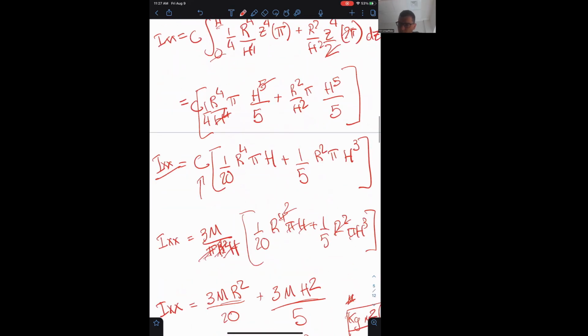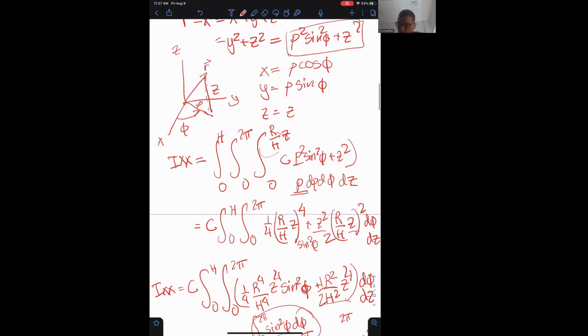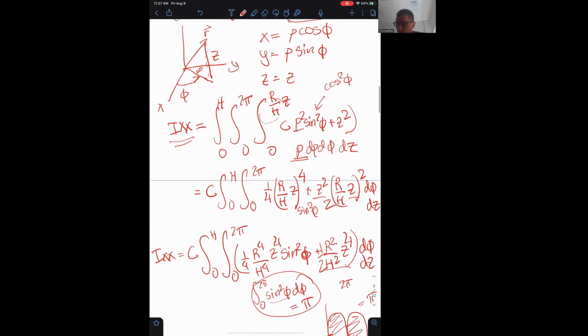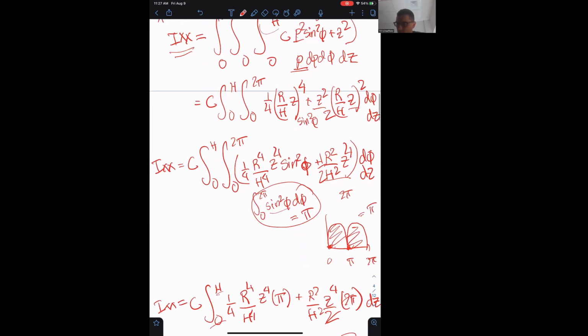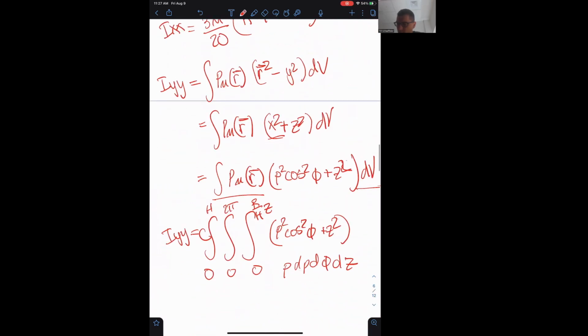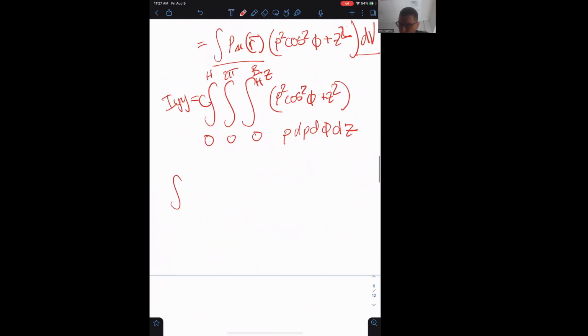Now, this is almost exactly the same as Ixx, except for the sine squared. Now we have a cosine squared here. However, the integral from 0 to 2 pi of cosine squared phi is exactly the same as integrating sine squared, also equal to pi.